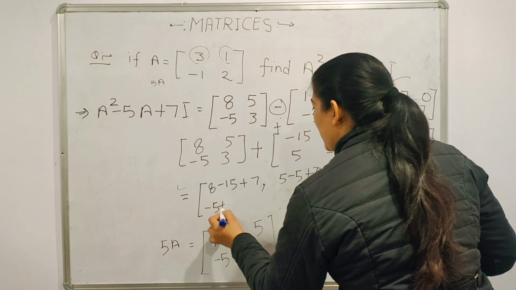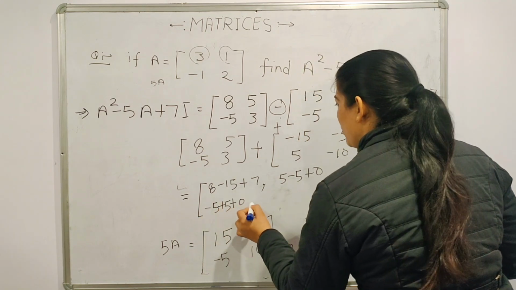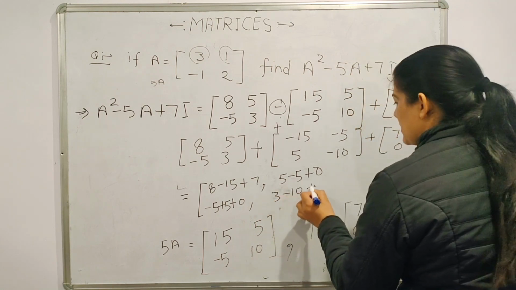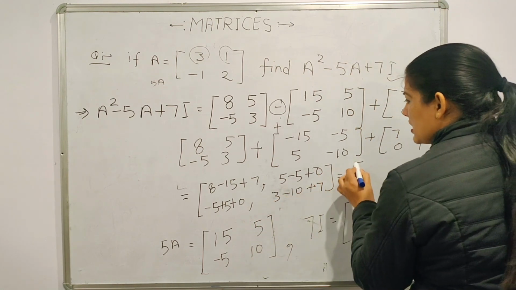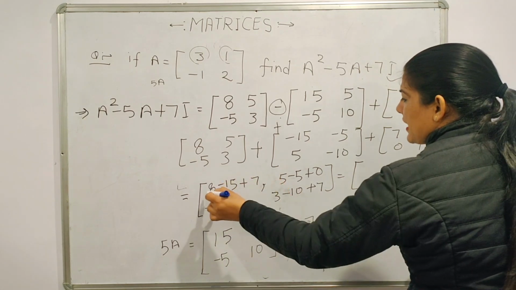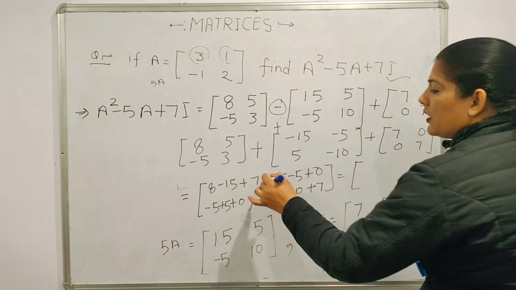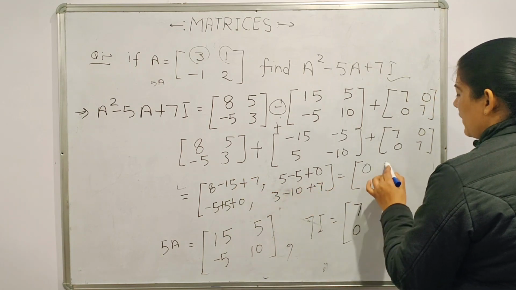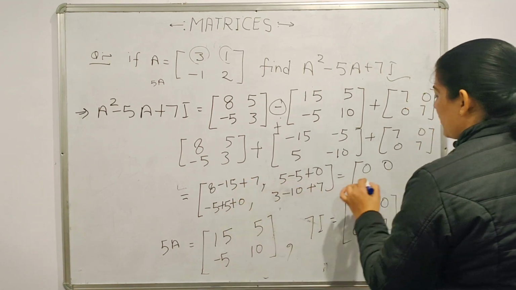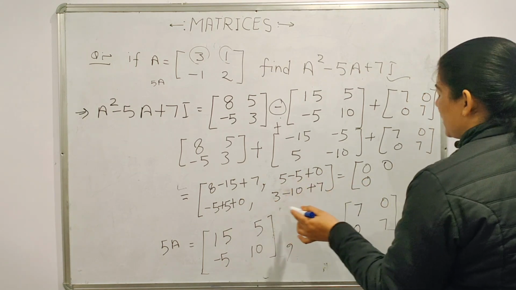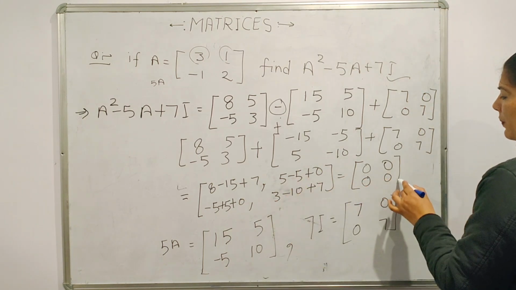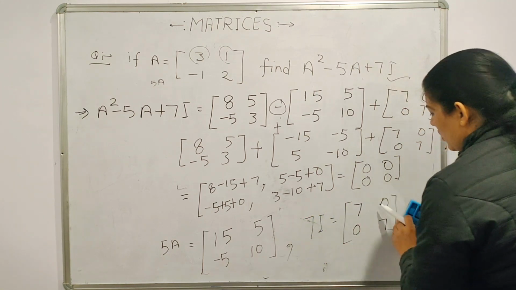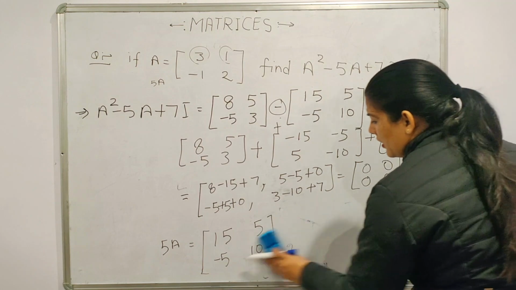Minus 5 plus 5 plus 0 and 3 plus minus 10 plus 7. So this is equal to 8, 7 plus sign gives you plus 15 and minus 15 gives you 0. 5 minus 5, 0. Minus 5 plus 5, 0. 7 plus 3, 10. 10 minus 10, 0. So this is equal to the 0 matrix.